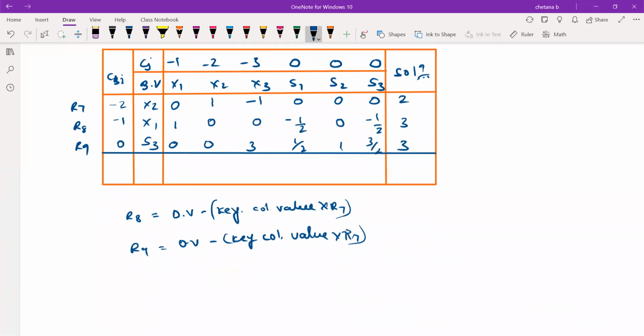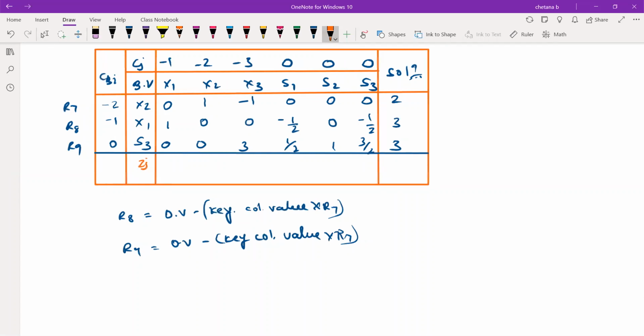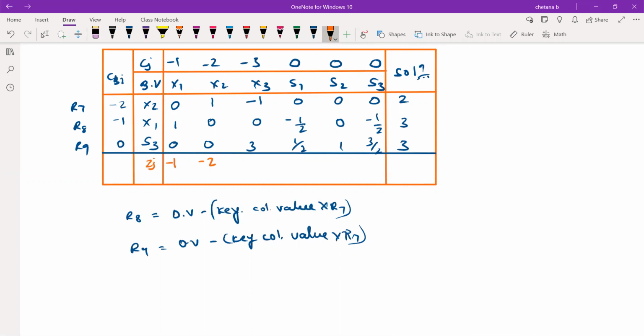Okay. Now you can calculate the Zj: 0, -1, -2, 0, 0, +2, 1/2, 0, 5/2, 7.